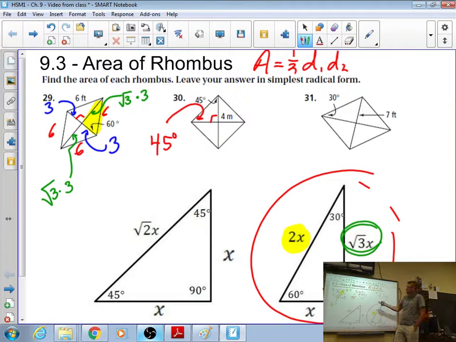What that tells me is both of my legs have to be the same length. So if this is 4, then this is 4, and this is 4, and this is 4. Now I know both of my diagonals. I could set up that my edge lengths will be radical 2 times 4, but I don't need my edge lengths. All I need is my diagonals.